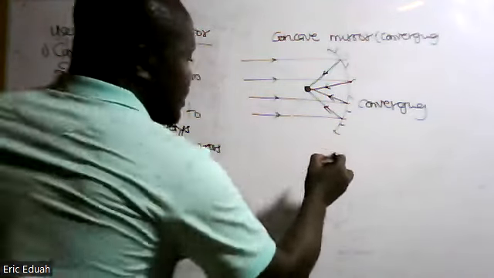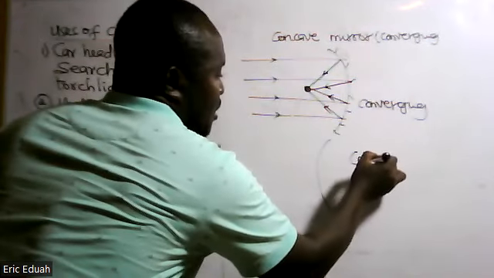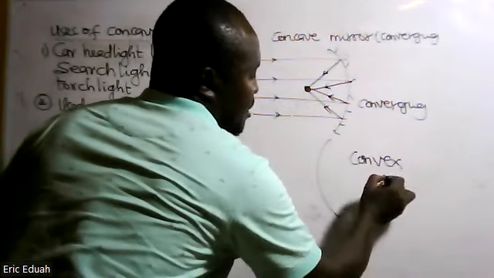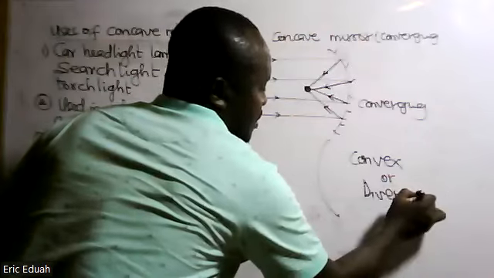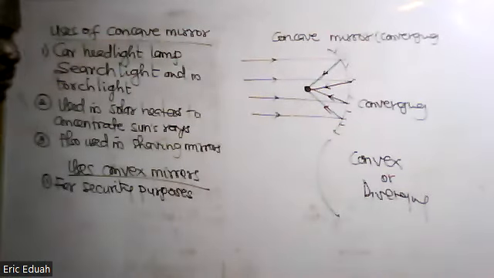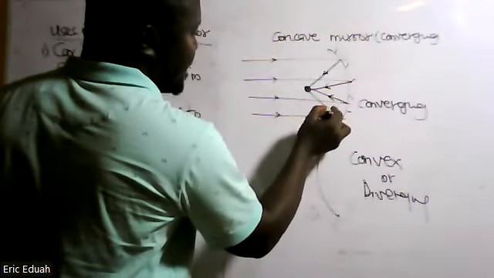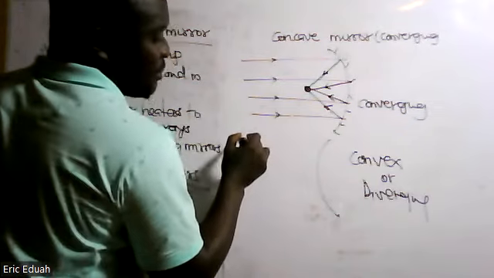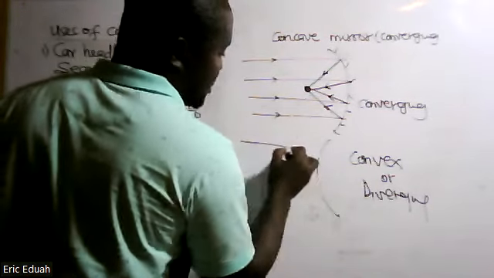Okay, now the other one, convex or divergent. When you have parallel rays hitting a convex or divergent mirror, this is what happens.